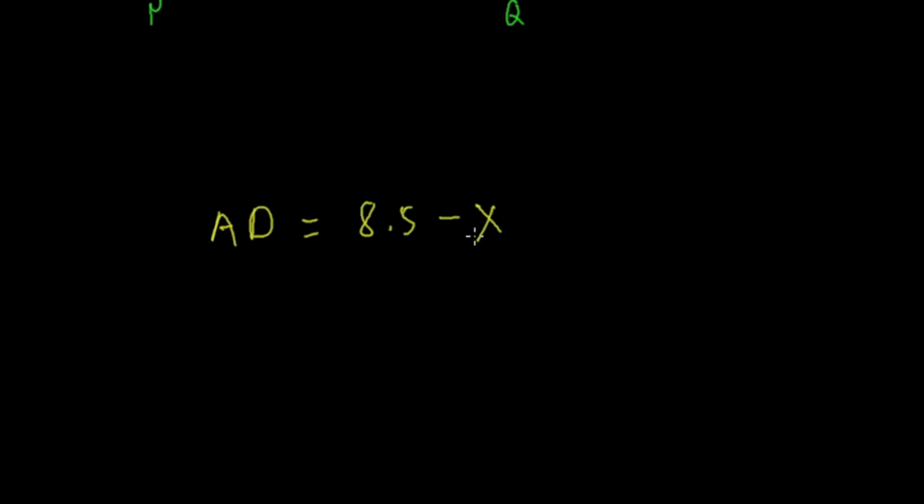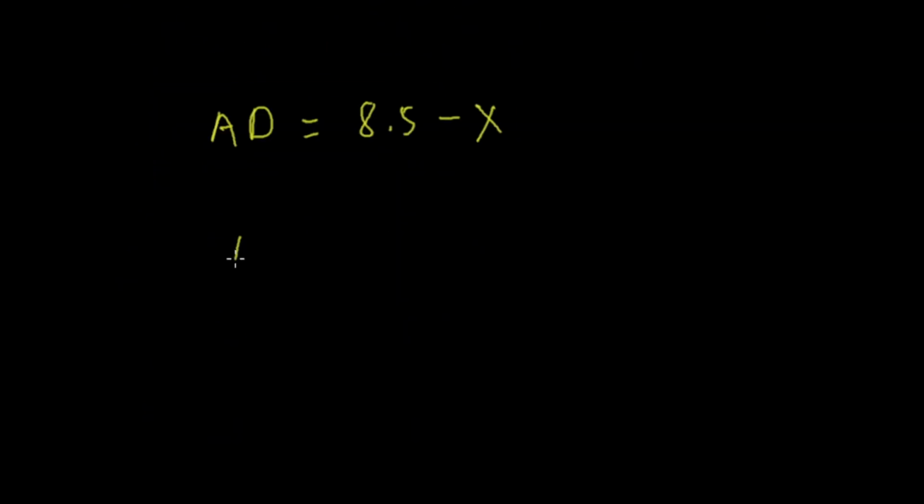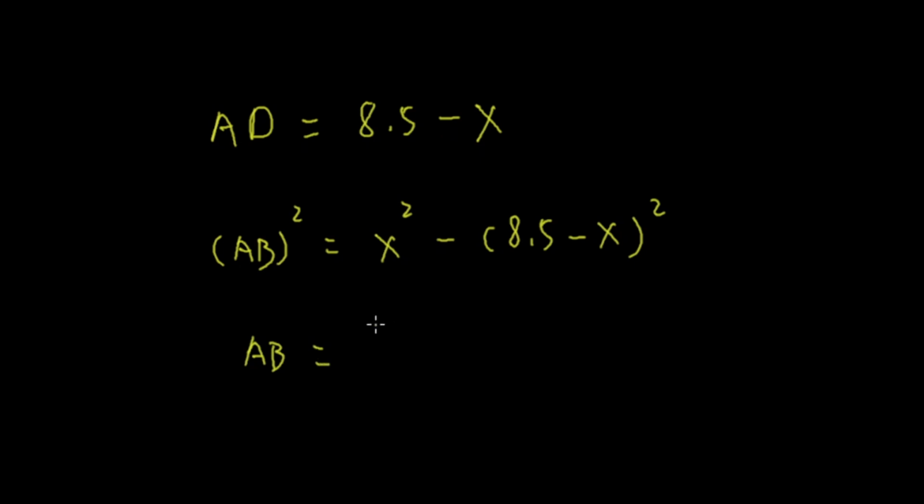So I can write AB squared is equal to x squared minus (8.5 minus x) squared. And then take the square root of both sides to get AB: the square root of x squared minus (8.5 minus x) squared.